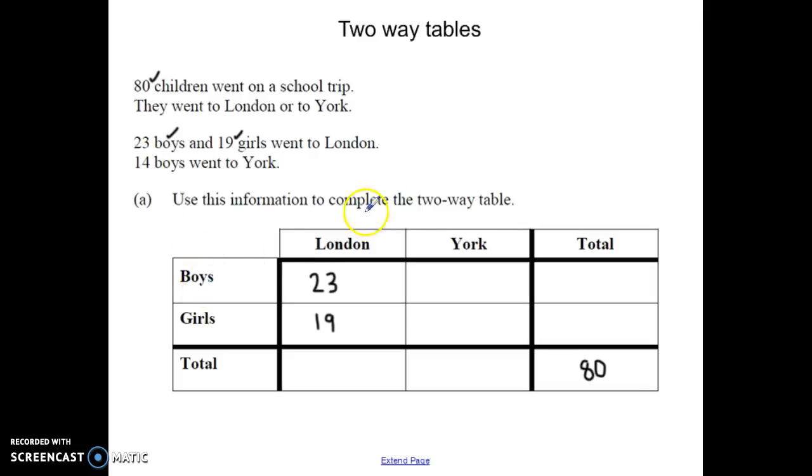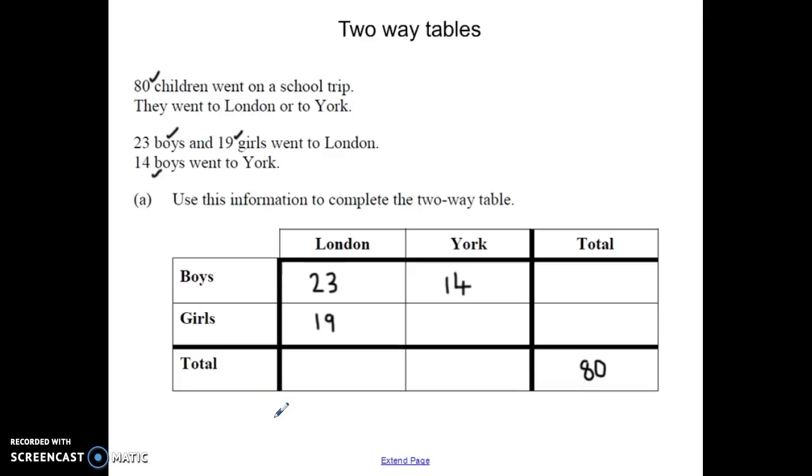So boys meets York in this box, so the 14 goes there. So put a tick here. 4 pieces of information and 4 values in the two-way table.